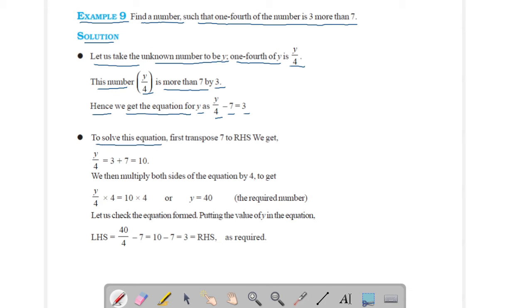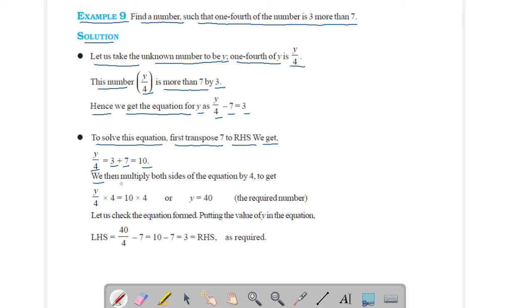To solve this equation, first transpose 7 to the right hand side. We get y upon 4 equal to 3 plus 7. Here, if you transpose 7 to the right hand side, the sign will be changed. Here it is minus 7, it will become plus 7. Now 3 plus 7 is 10.